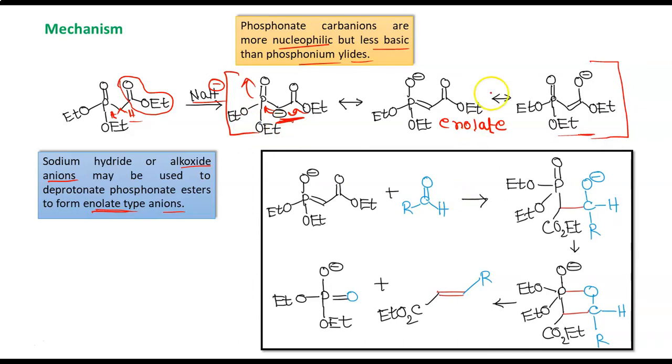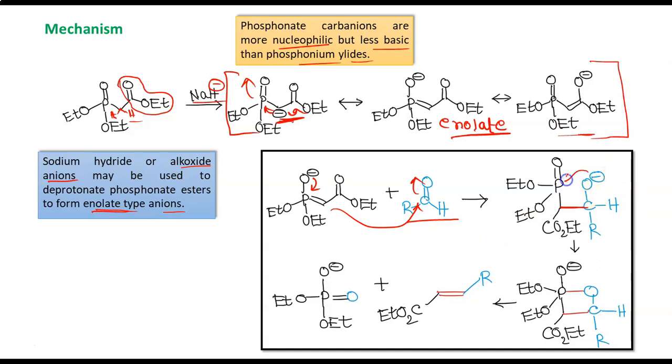Now this enolate will react with the carbonyl compound, and in this mechanism, it will attack this carbon, with negative charge over oxygen. So now you can see a new bond is formed between these two carbons, and here in red color, negative charge over oxygen.